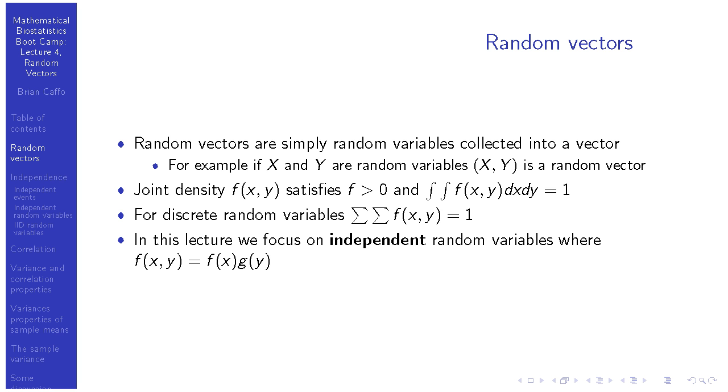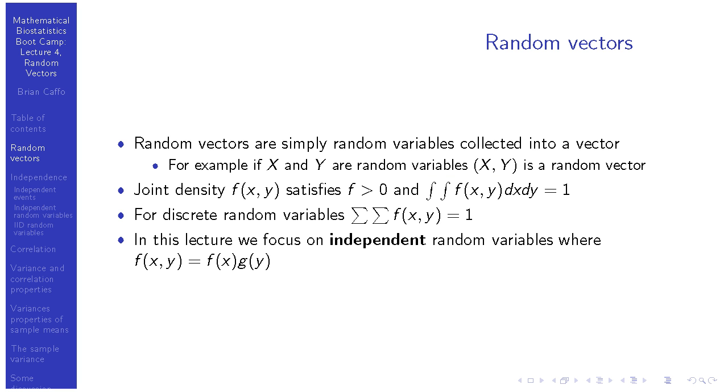A joint density f of x comma y, first of all, has to satisfy that it's positive everywhere. It's a two-dimensional random vector, so this surface f exists on the two-dimensional plane, and the fact that f is greater than 0 suggests that its height everywhere is above the horizontal plane. And it has to integrate to 1 when you integrate over the whole xy plane.